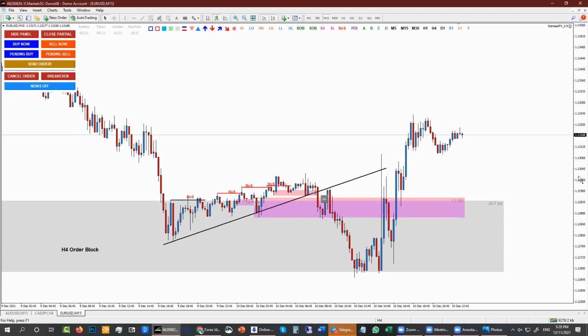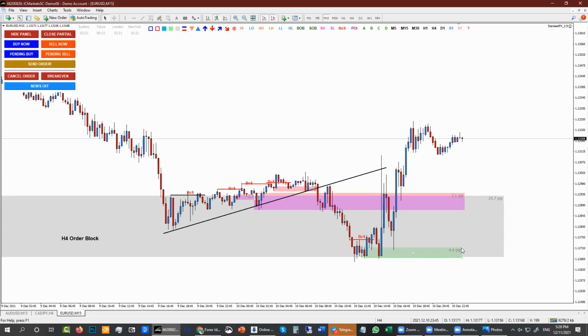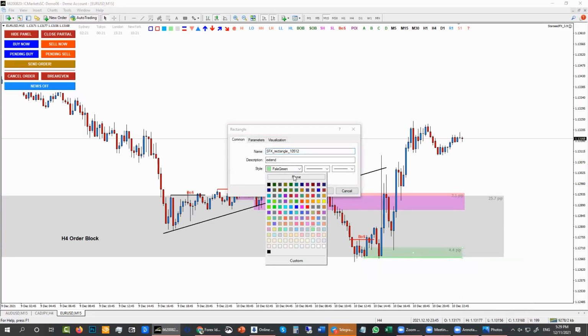And then now you have another one here, because this is a new break of structure, right? And then here is your order block. And it's another losing one.